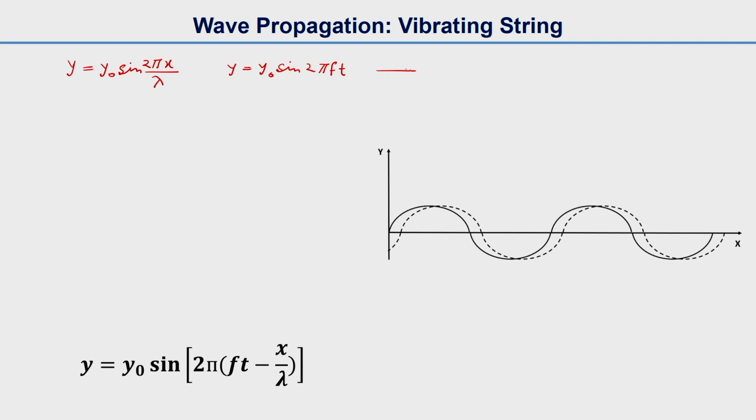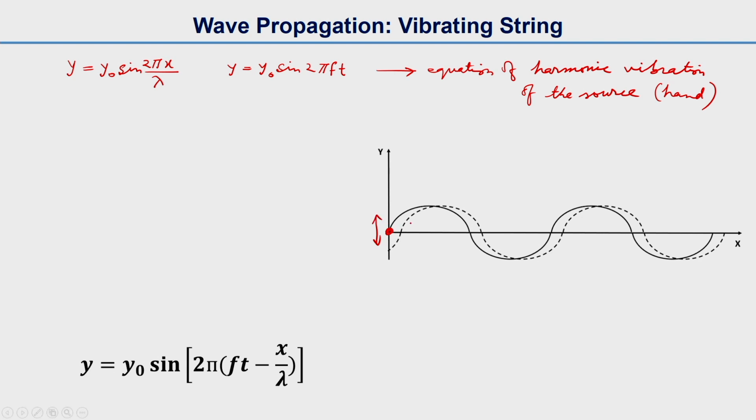These two equations are different versions of the same equation of harmonic vibration of the source. That means in the case of string my hand was at the source. So I was vibrating like this, my hand was the source.